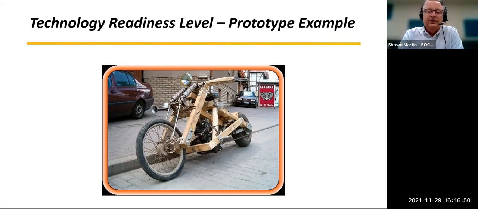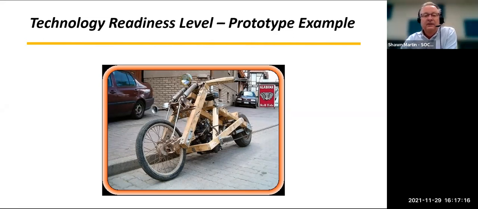But it could be just a basic proof of principle prototype for a small scooter or motorcycle, but it sort of illustrates what a prototype can be. It can be far more refined than that, or it can be just a subsystem of this motorcycle, if you will, that's in a laboratory environment, but far from a final product.